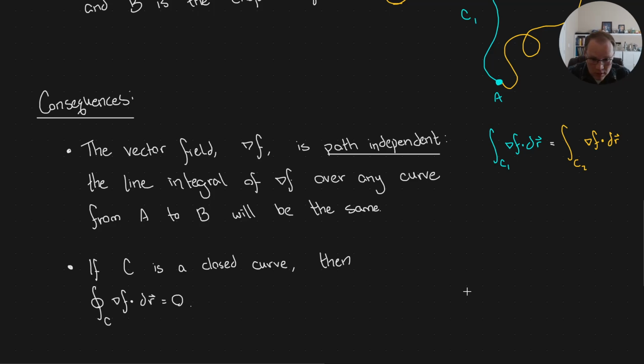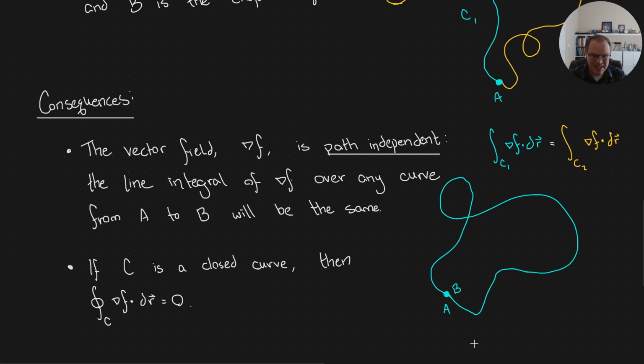Okay? Why is that? Well, here's point A, and I do something over here, and I come back. Point B is the same as point A. My starting point and my end point are the same.